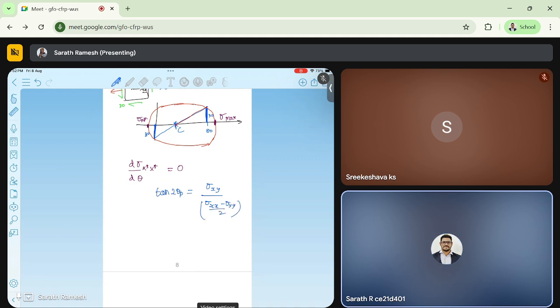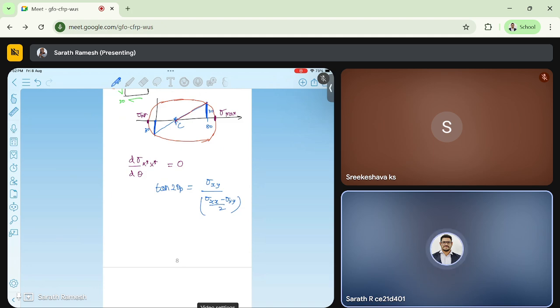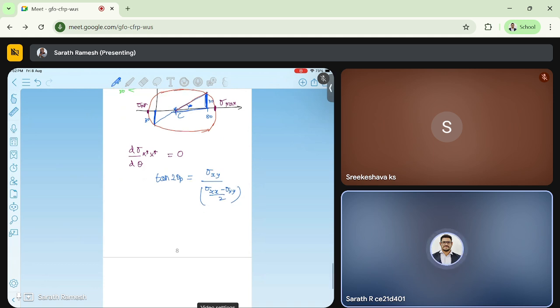So tan 2 theta p will be sigma xy by (sigma xx minus sigma yy)/2. Here, like this, 2 theta p is this angle, because this is sigma xy, and this is (sigma xx minus sigma yy)/2, right? Opposite by adjacent is tan.